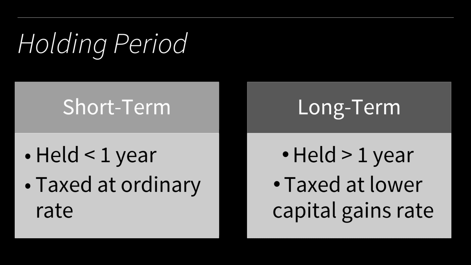Short-term property was held by the taxpayer for less than a year, and that is taxed at the taxpayer's ordinary tax rate. So it's the same tax rate as they would be paying for wages or unemployment income or any other kinds of earned income or many kinds of unearned income.